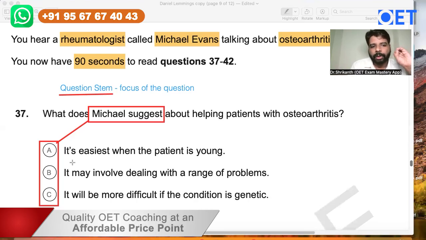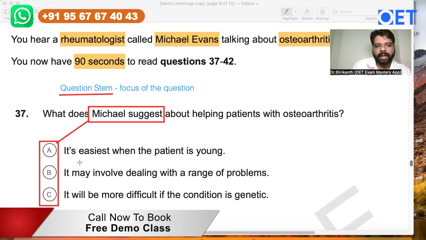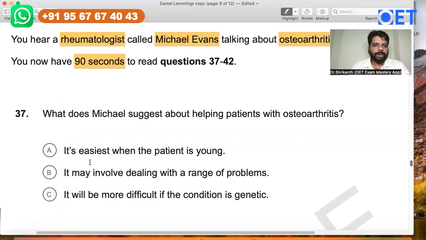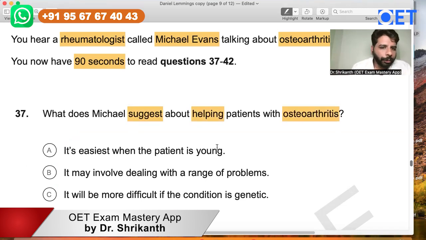Answer options A, B, and C are all suggestions, and your duty is to find the correct suggestion. Now, before I go into the answer options, let's look into the keywords of the question. What does Michael suggest about helping patients with osteoarthritis? Now you know your duty. Michael's suggestion is what we need to find out.